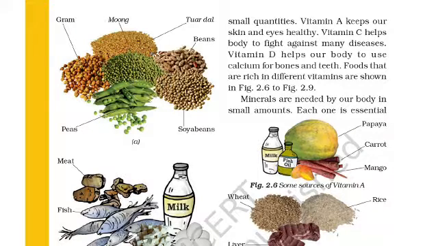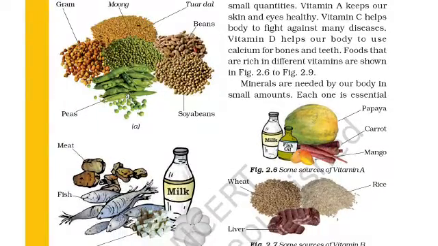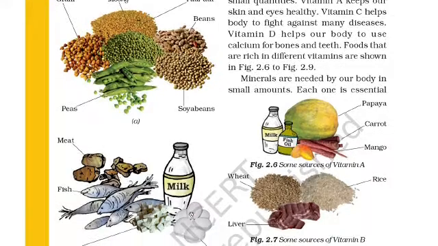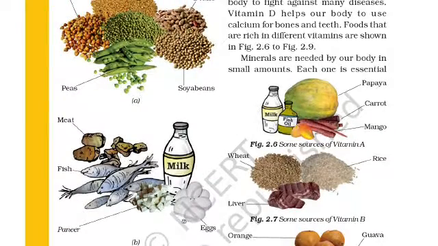These are the sources from plants from which we get proteins. Then come down: these are the sources of protein from animals, meat, fish, egg, milk and paneer.